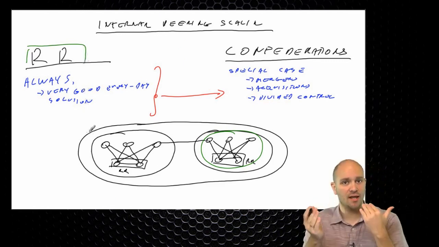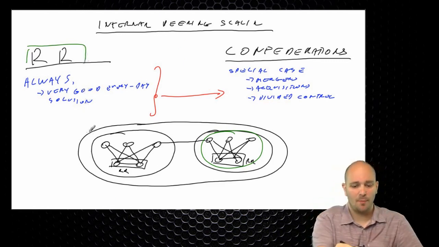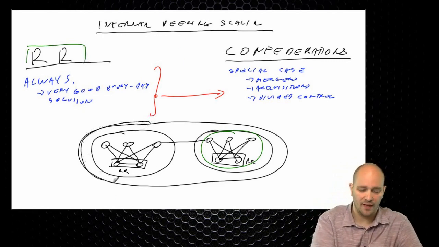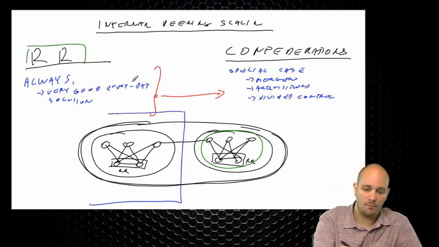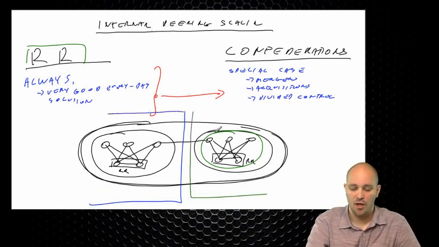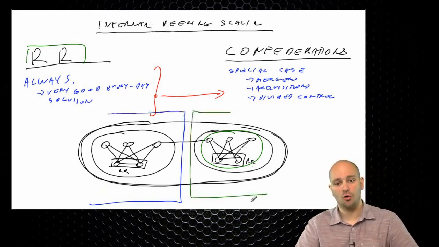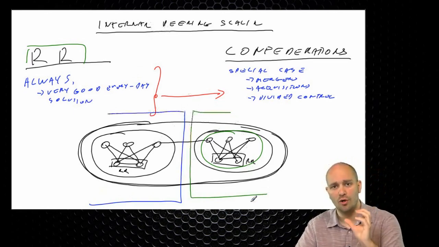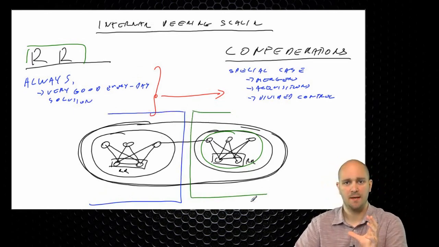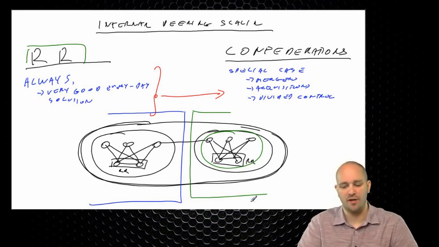So they're not actually mutually exclusive, but to scale the whole thing and to have some sort of separate control between this member here and this member here, you might want to divide your large autonomous system into smaller, more independent BGP routing units, so to call them. So this is what confederations do.